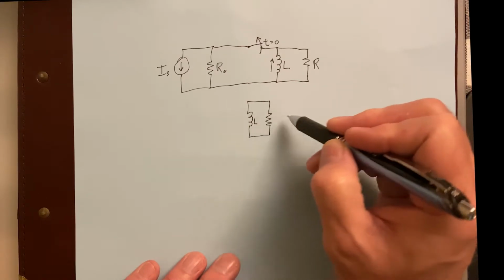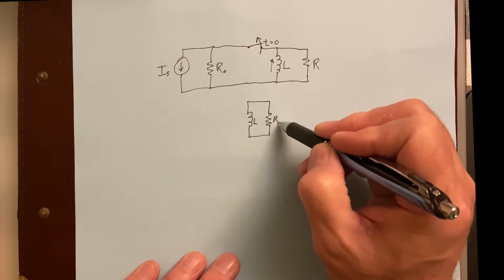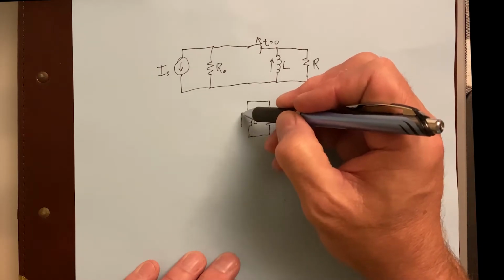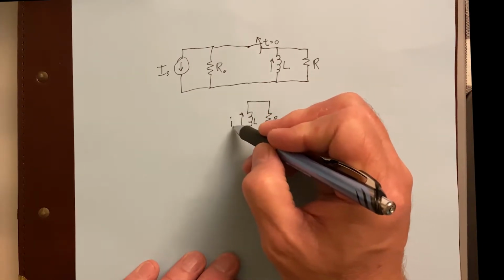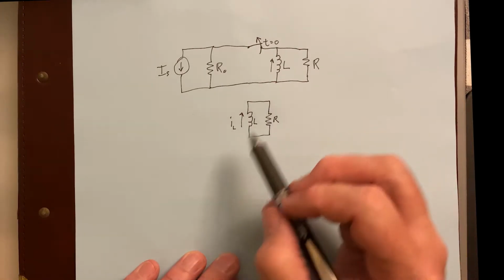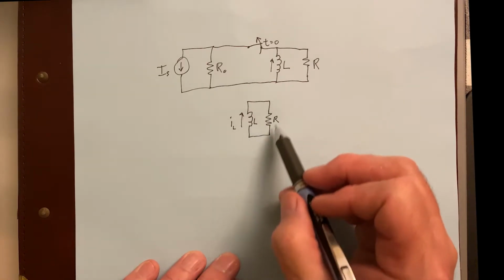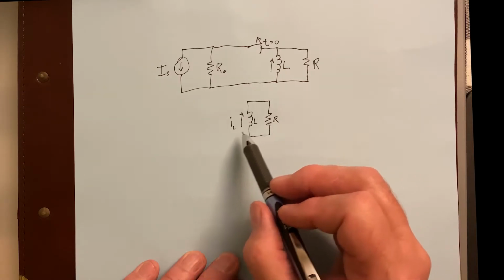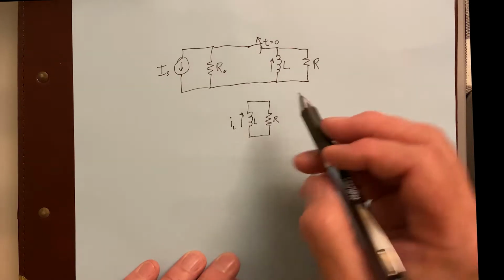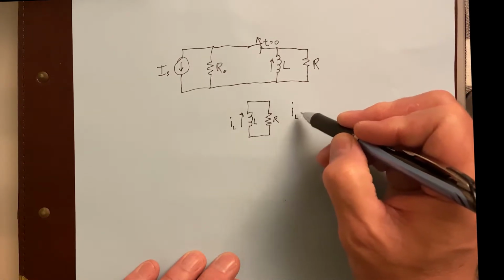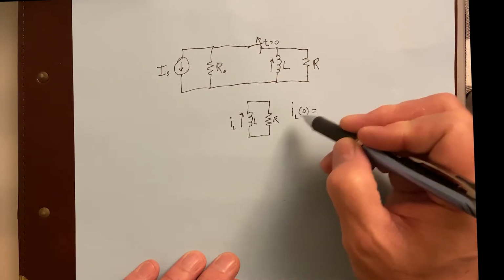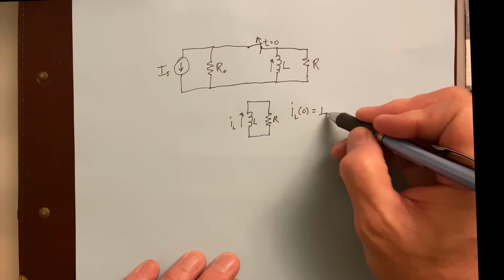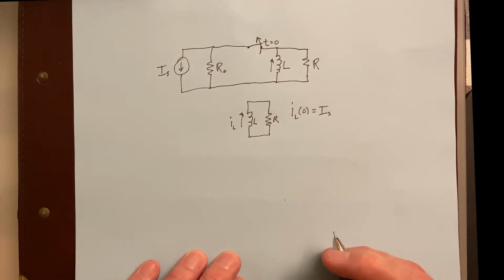We've got our inductor, we've got our resistor, and the initial current, the current going through the inductor. Now there's really only going to be one current for this loop after t equals 0. I'll call it I sub L. So I sub L evaluated at 0, right at t equals 0, is I sub S.